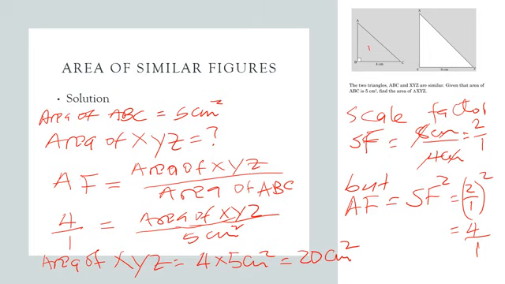So that object, its area is 20 square centimeters. So we have used scale factor, area factor, and their relationship to find the area of a similar figure to this object.